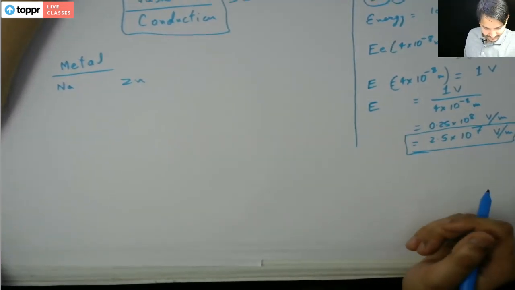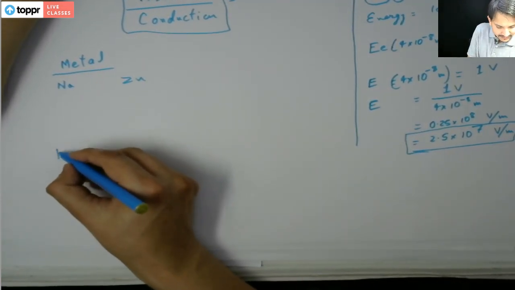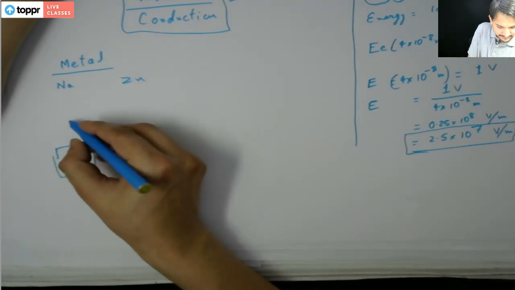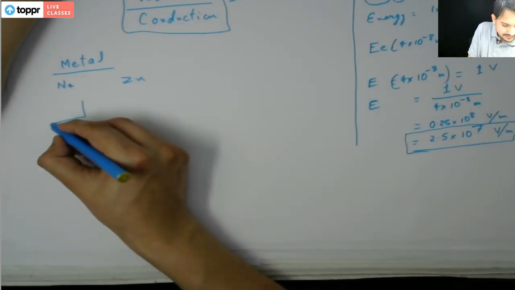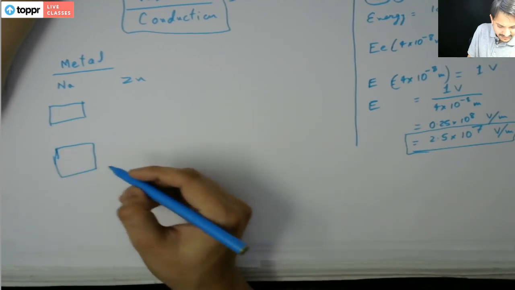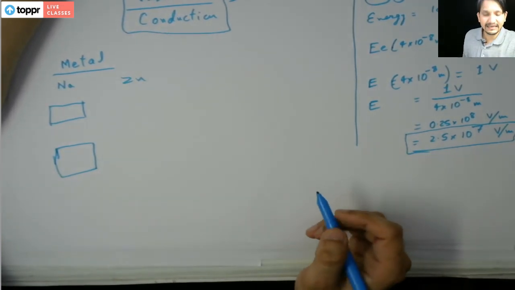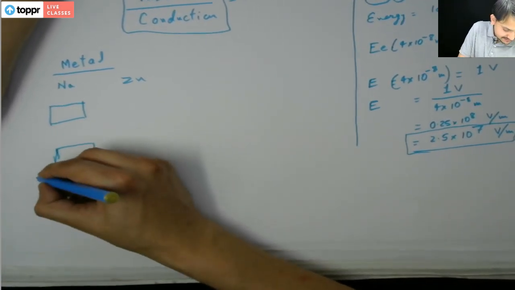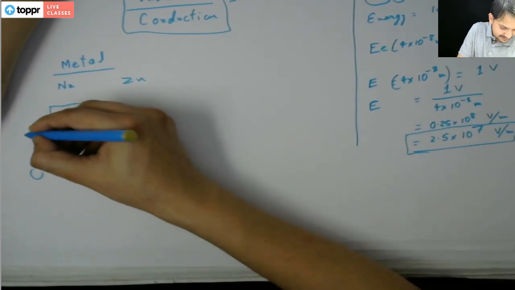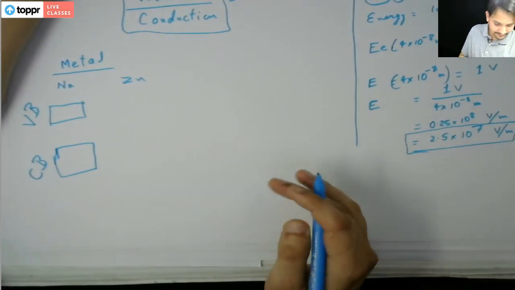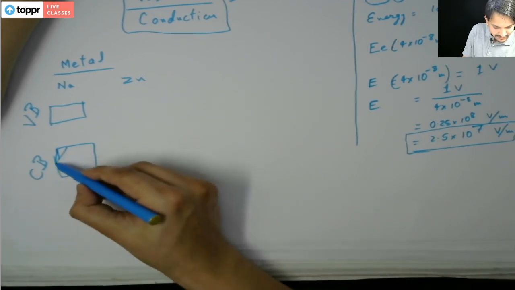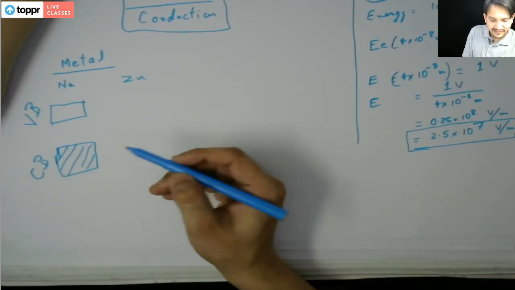In sodium type metal, let's say this is conduction band and this is valence band. The conduction band is completely filled.